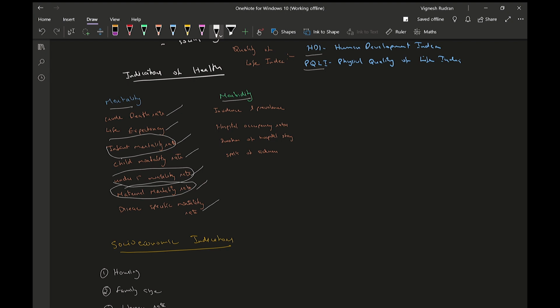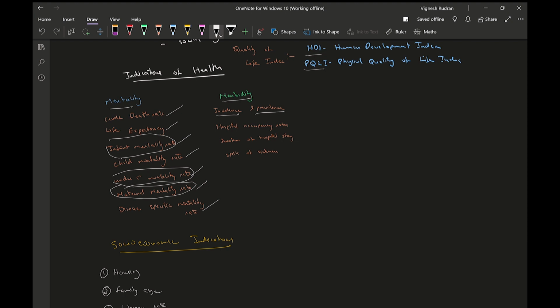So moving on, morbidity indicators would be your incidence and prevalence. Incidence is the total number of new cases during a particular time, and prevalence is the number of active cases, which might have occurred before the time you start taking the survey.